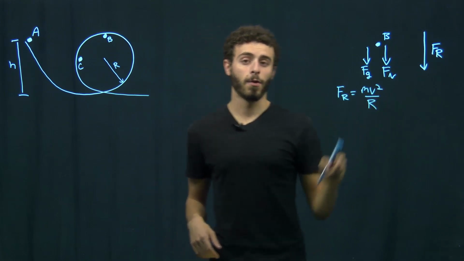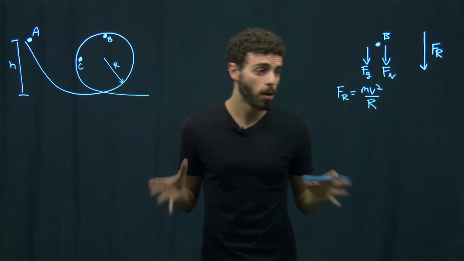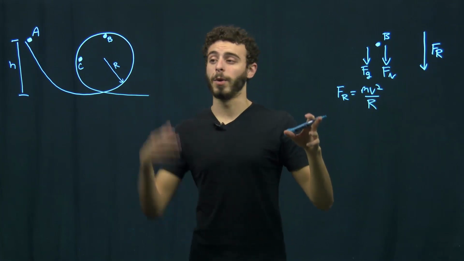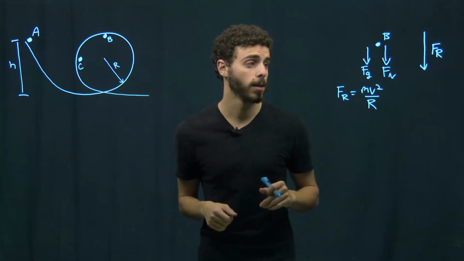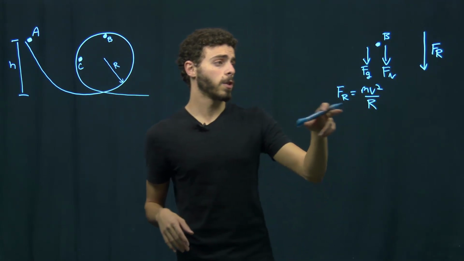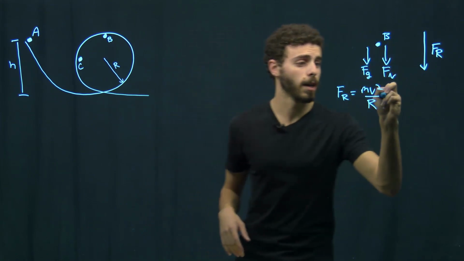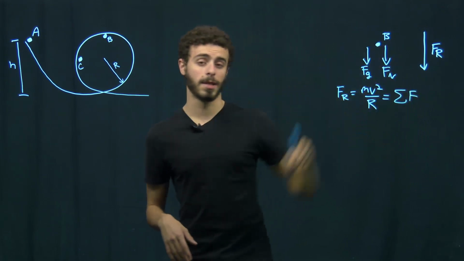If it's not of this form, we're not going to continue to have circular motion at all for that matter, and therefore we would not have a scenario where this car keeps going around the track. So this is our condition that needs to be true. And of course, we also know that F radial is just going to be equal to the sum of the forces that are acting towards the center.